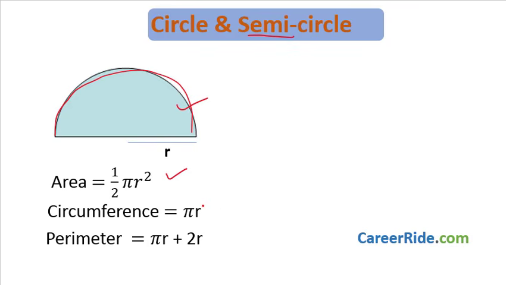So the circumference is pi r, but the perimeter in case of a semicircle is different. It is this curved region plus twice the radius, because it is the diameter. So the perimeter is pi r plus 2r. If you have to fence a semicircle, you have to find the perimeter in that case. Just remember this, because this is a very, very important thing that you may need to apply.